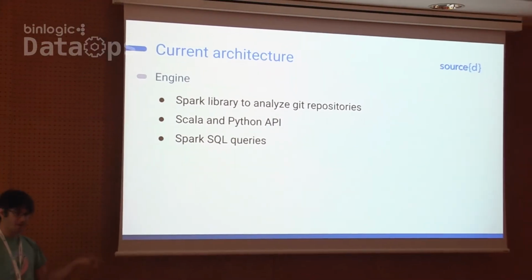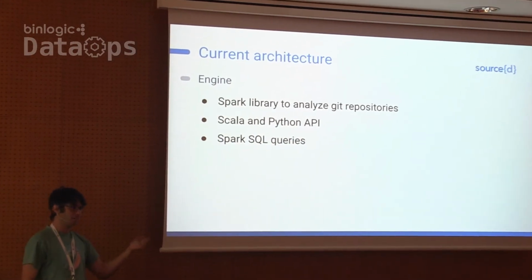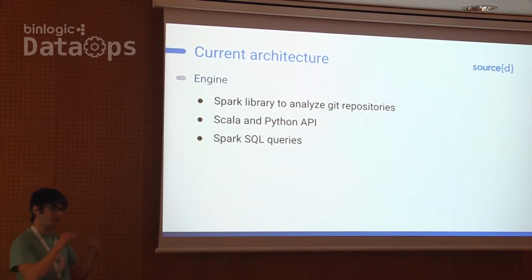This can be used from Scala and also from Python. So you can create a Scala application that goes into Spark to do this analysis. But you can also use, for example, Jupyter notebooks and use Python to extract this data and learn something from it. You can also use Spark SQL queries to get it.